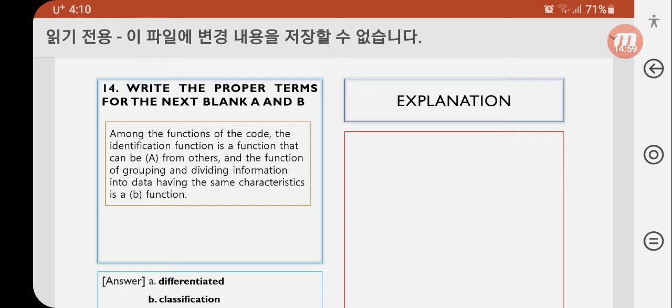Among the functions of the code, the identification function is a function that can be A, from others. And the function of grouping and dividing information into data having the same characteristics is B function. What are A and B?